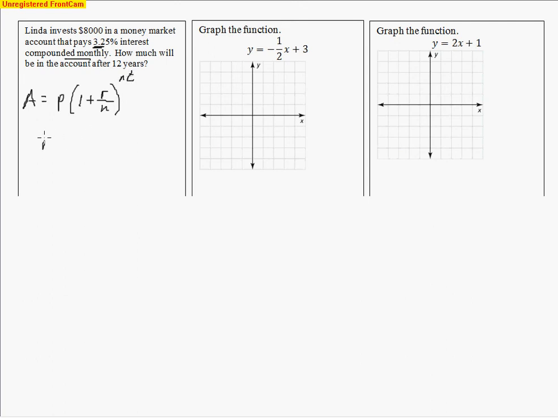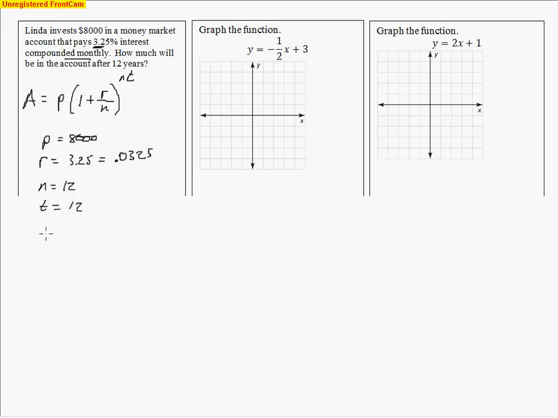So our principal is the starting amount. That's the $8,000. Our R value is the rate, 3.25, but you got to change that to a decimal, so it's going to be 0.0325. And then our number of compounding periods, well, it's compounded monthly, so that's 12, and T is 12 years.